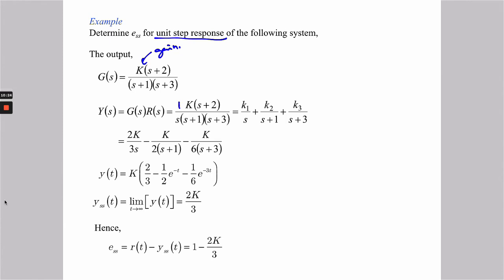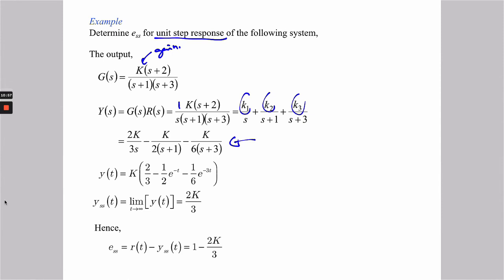So we can find the values of K1, K2, and K3 over here, where you can find them as 2K over 3, K over 2, negative K over 2, and negative K over 6. That is depicted in this equation here. And finally, we apply the inverse Laplace to the equation here.